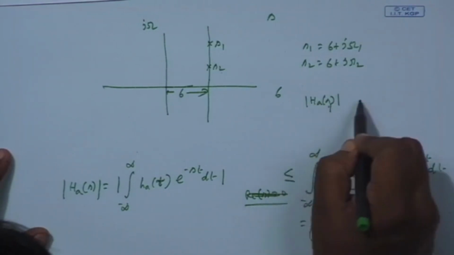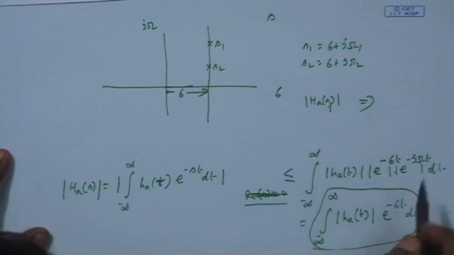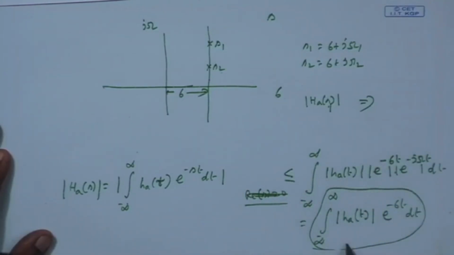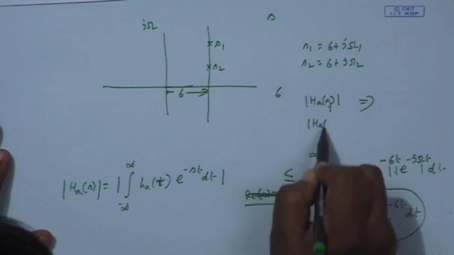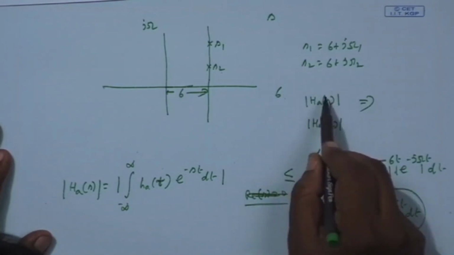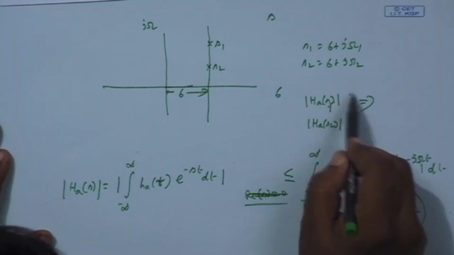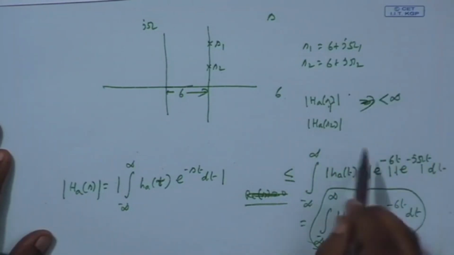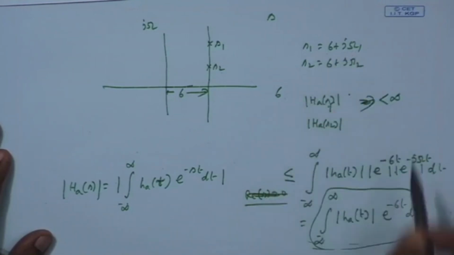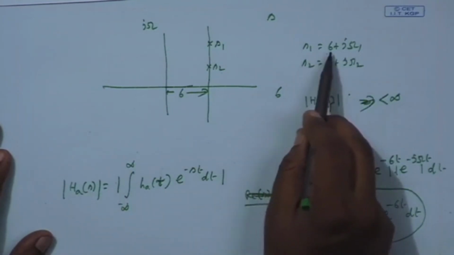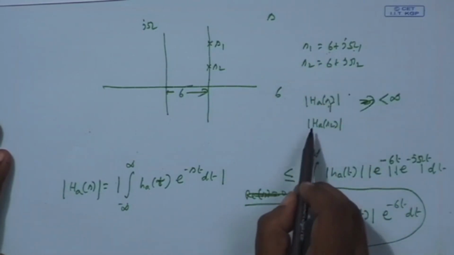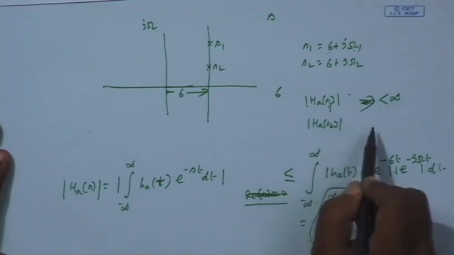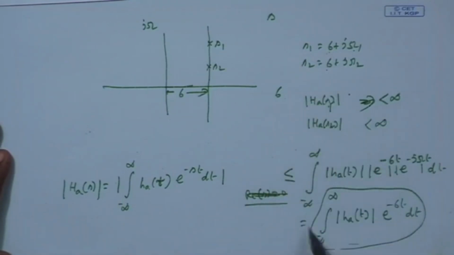A sufficient, absolute condition is that this should be finite, and there is no omega here. For any s1 equal to sigma plus j omega 1, this is the condition: this should be finite, but you see there is no omega 1 here, it is only sigma that matters. And for H_a(s2), the mod of that also needs to be finite, since sigma is common, the same condition.